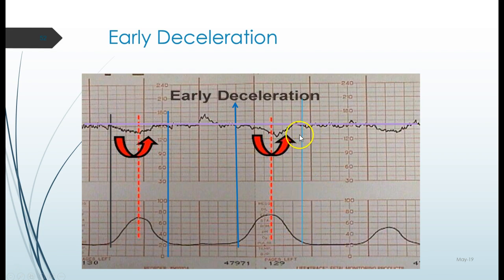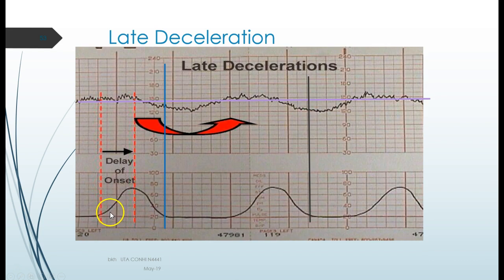Important part of this definition, returns to baseline by the time the contraction's over. Our acceleration tells us we've got a good oxygenated baby. We've got good variability. We've got a lot of good fuzzies on this baseline. Tells us this is a healthy baby. She's progressing in labor. That's all this means.